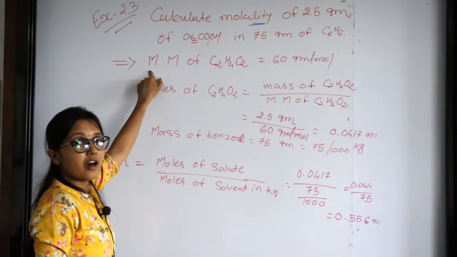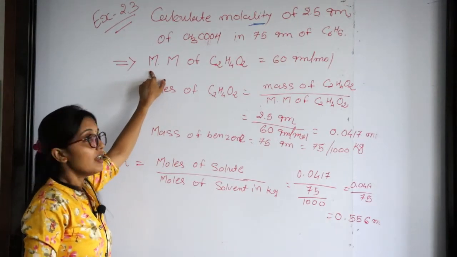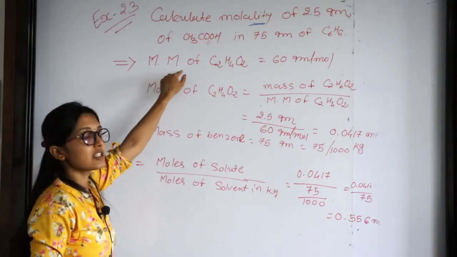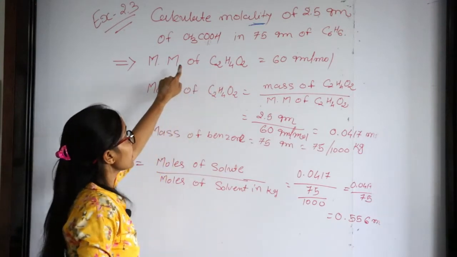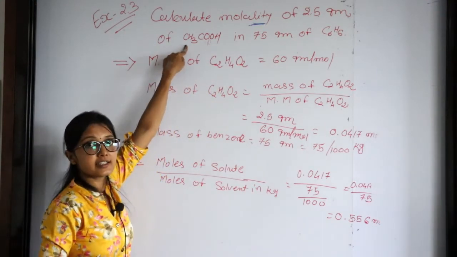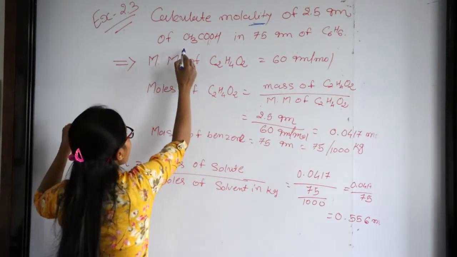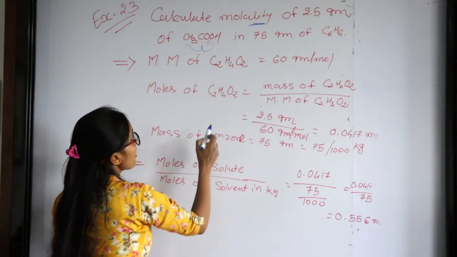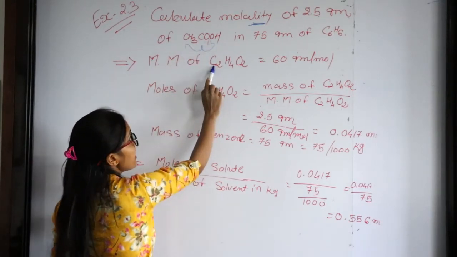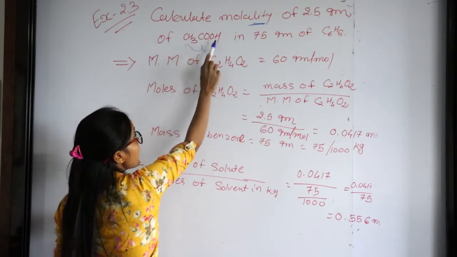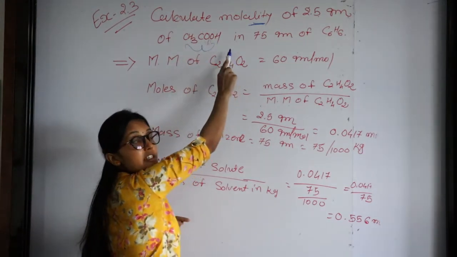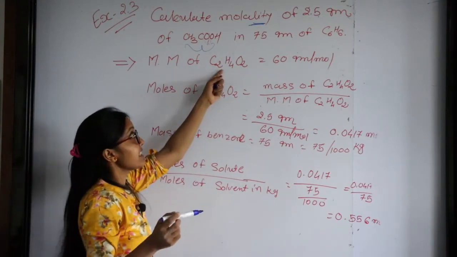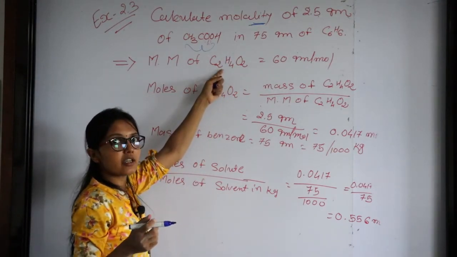First, I will calculate the molar mass of ethanoic acid. The ethanoic acid formula is CH3COOH, so its molecular formula has a total of 2 carbon, C2, 3 plus 1 is H4, and 2 oxygen. This is the molecular formula of ethanoic acid.